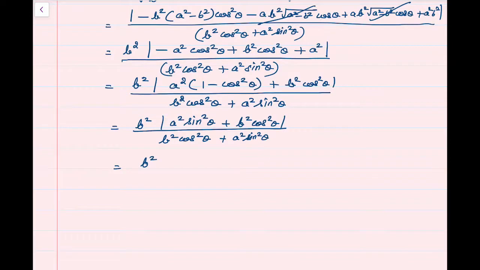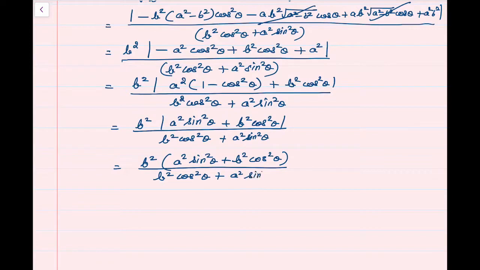B square times, we can remove the absolute value sign because all terms are having square, so it is a positive number. Therefore, we can remove the absolute value sign. These two are getting cancelled. Therefore, the answer is b square.